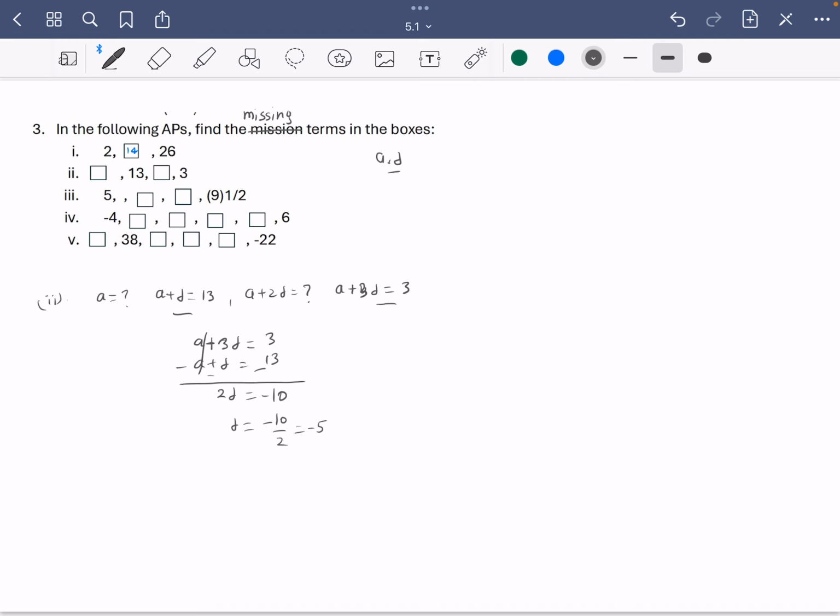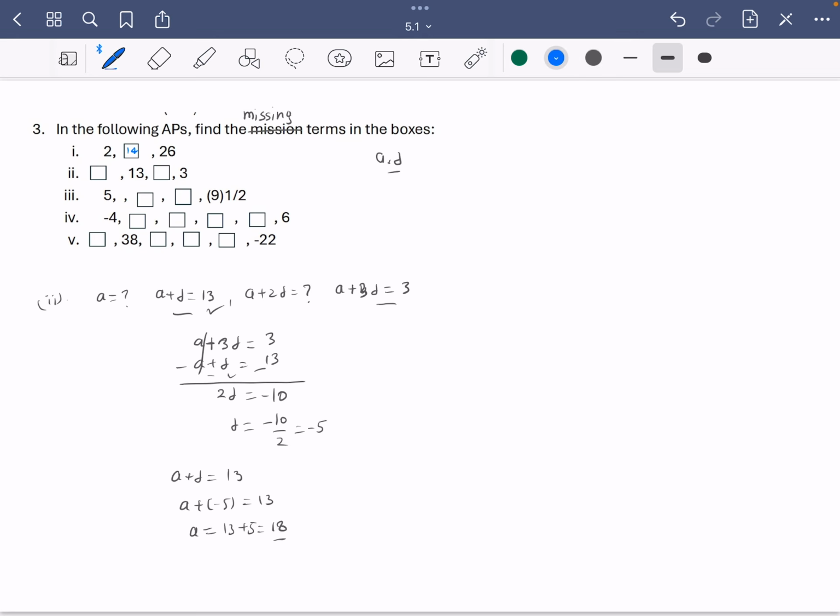If that's d, then I can find out a. So a plus d is 13, so it is going to be a plus negative 5 is going to be 13. a is going to be 13 plus 5, which is 18.